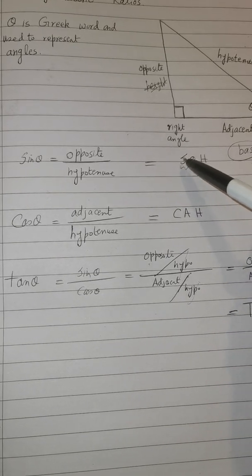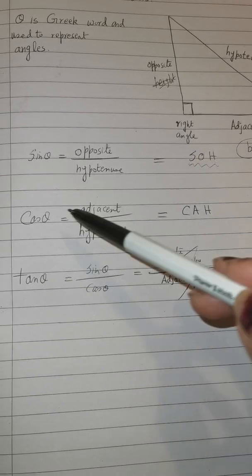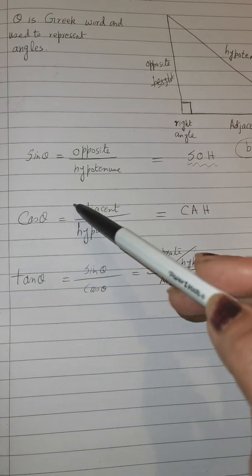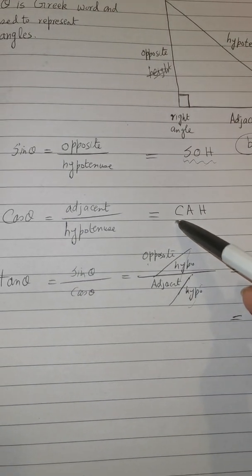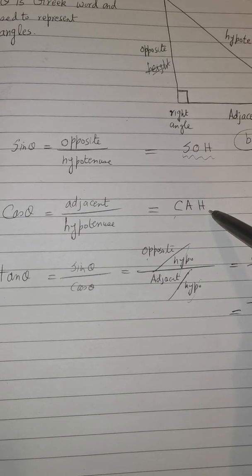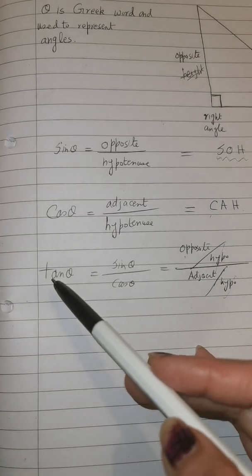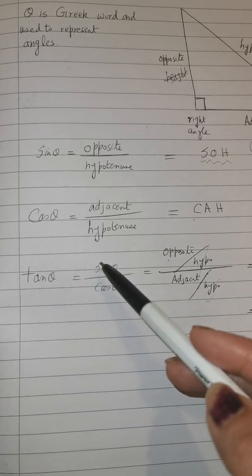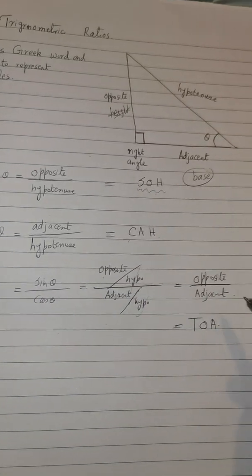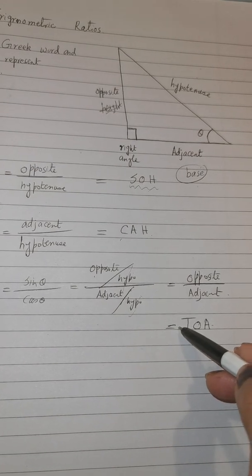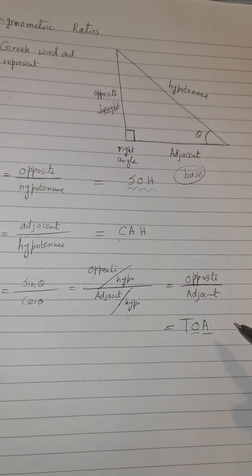So for sine theta, opposite over hypotenuse. For cos theta, CAH: cos theta is equal to adjacent over hypotenuse. And the word for tan theta is TOA: tan theta is equal to opposite over adjacent.